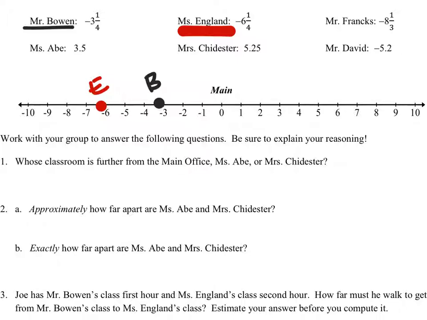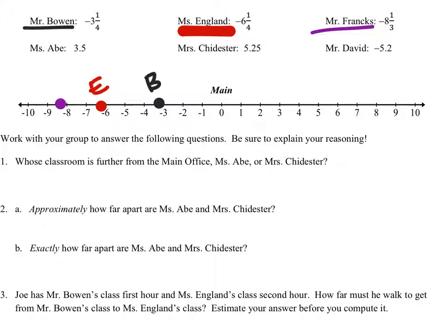Now we got Mr. Franks. Yeah, Franks. I think it's French, right? Like Francais or Franck. Well, Mr. Franck. Yeah, Franck, right? Negative 8 1/3. Negative 8 1/3, I'm going to put right yonder.